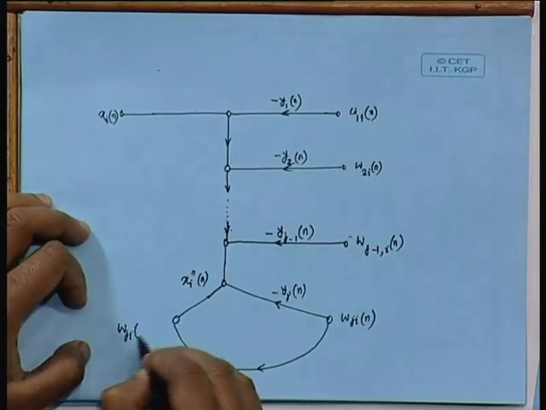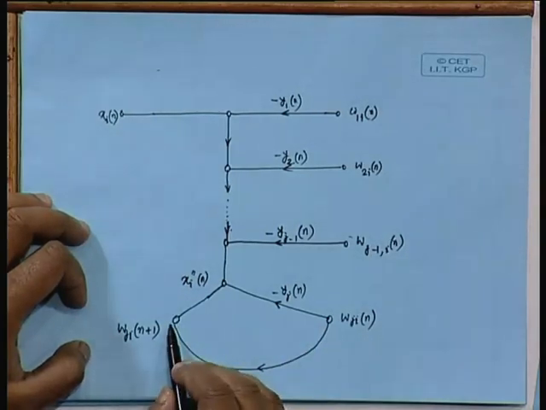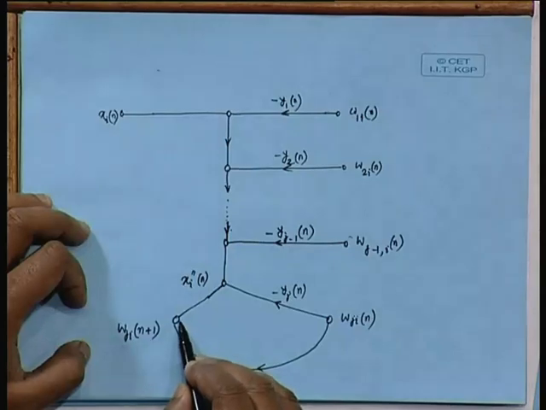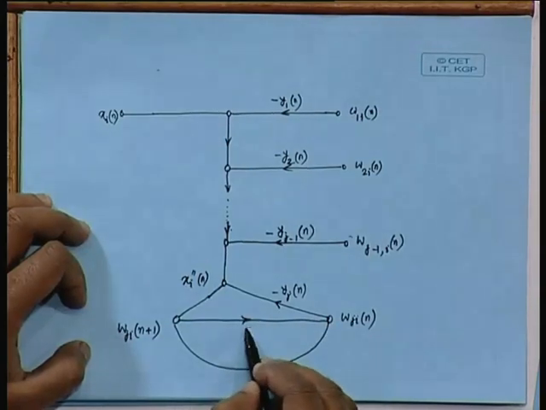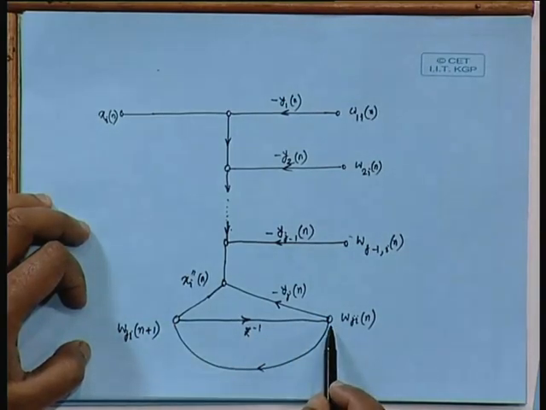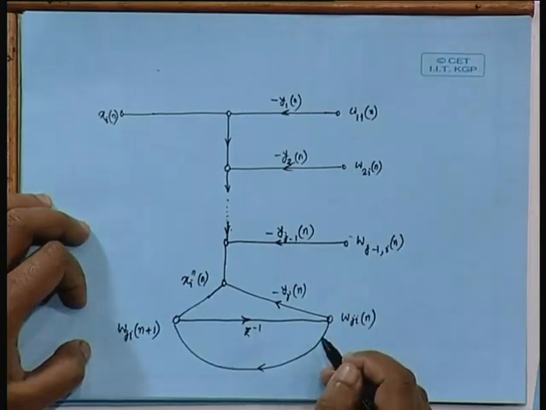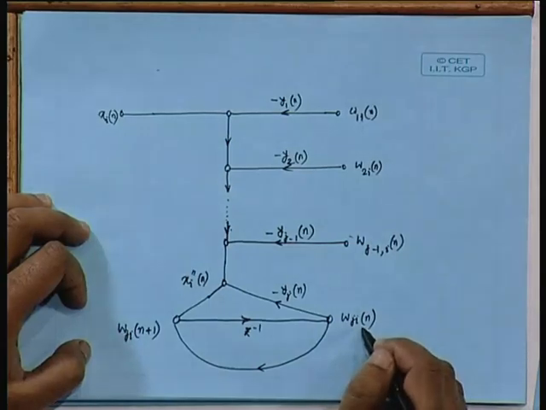This is wgi n plus 1, and wgi n plus 1 and wgi n will be related by 1 unit delay, because if you introduce 1 unit delay, then from wgi n plus 1 we can get wgi n.